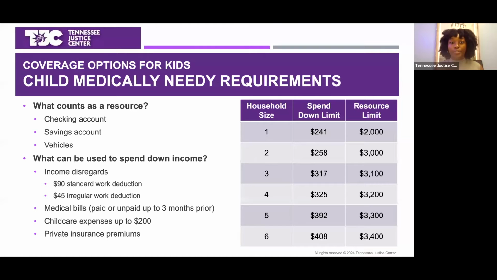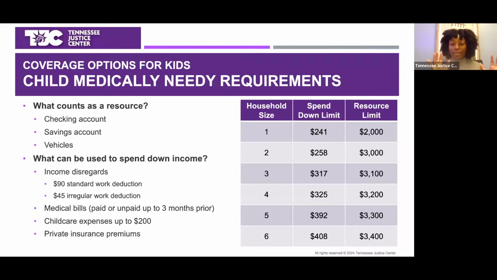For the spend down process, applicants must submit proof of any qualifying expenses they have incurred or made payments on in the month of application or 3 months prior. That's a total of 4 months' worth of expenses. Qualifying expenses can include insurance premiums, medical bills that a family paid for out of pocket, unpaid medical bills, and dependent care expenses up to $200.